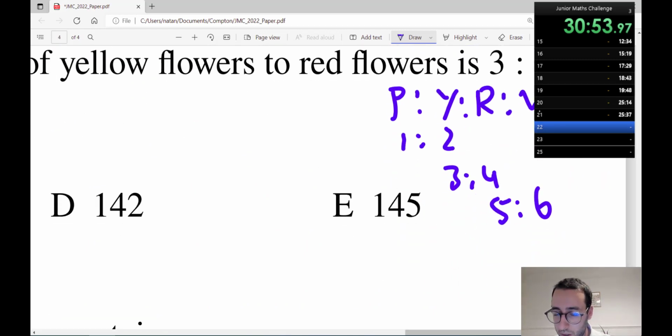So if it's 1 to 2 and 3 to 4, that means if we times this by 3, it's 3 to 6 to 6 to 4.